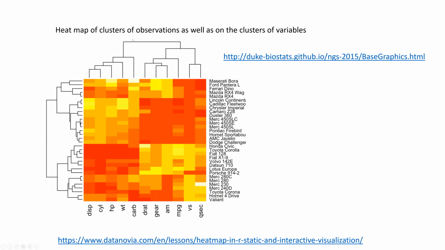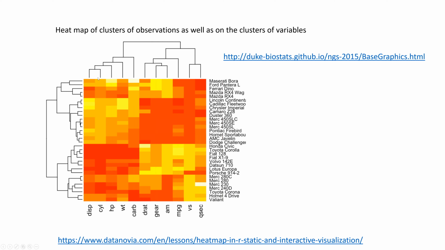So we have a hierarchical clustering here. Based on these variables, we are saying first these two come together, displacement and number of cylinders, and then the gear and AM variables, those two come together. Displacement, cylinders and horsepower come together first, right?